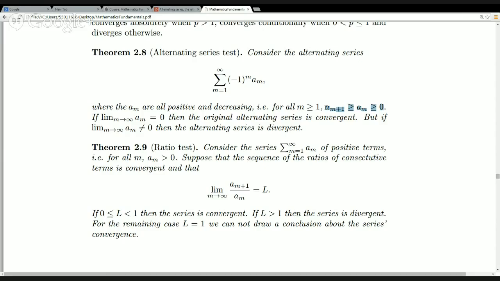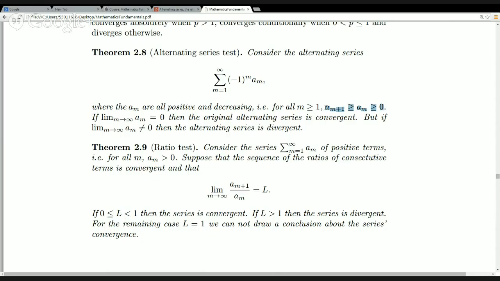But if the step size is decreasing and converging to 0, you're going to see the partial sums tend to some limiting value L. Okay.